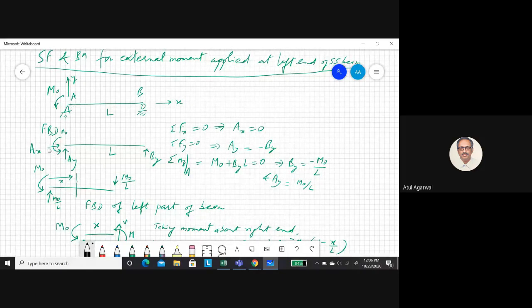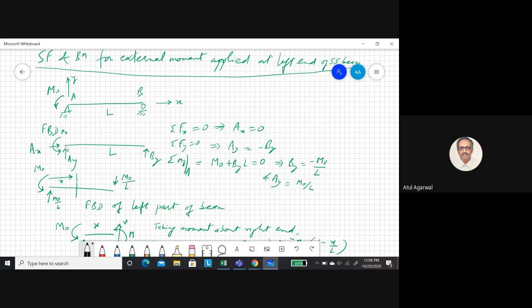So if our aim is to find the reactions, you have three unknowns, and you know there are three equations of equilibrium for a 2D situation. So force equilibrium in x direction and y direction, and moment equilibrium. So Ax is 0. Force equilibrium in y direction: Ay plus By is equal to 0. So Ay is equal to minus By.